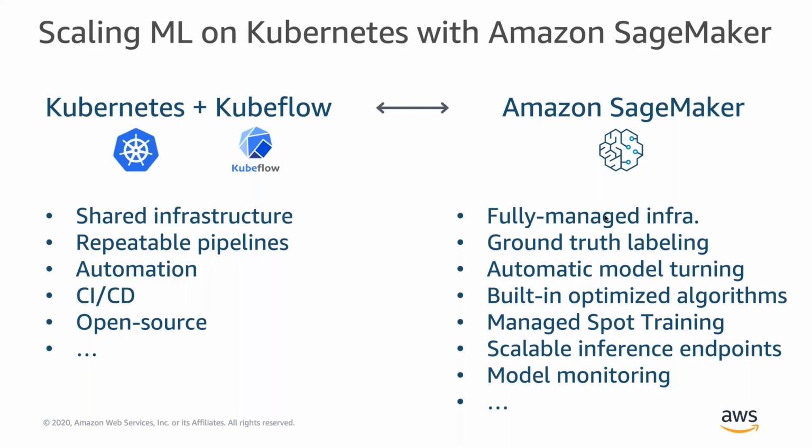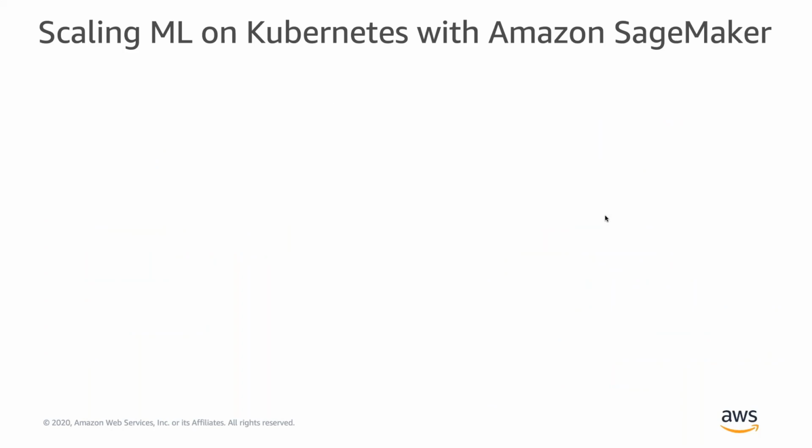If you don't want to manage spot instances but you want up to 90% savings, SageMaker has built-in capabilities for that, plus one-click deploy with scalable inference endpoints, and many more. So there are these capabilities that you may want to use along with your Kubernetes and Kubeflow setup. And you can do that today, and I'll show you two different ways to do that.